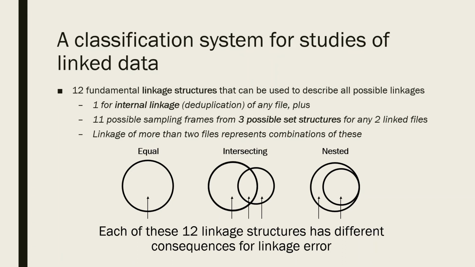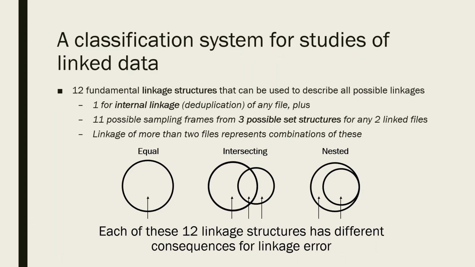And what we worked out is that for any combination of two files, there are 3 different possible set structures and 11 different regions of interest, so sampling frames that different analyses might draw from these 3 set structures. And then there's a 12th linkage structure for any time that one or both files need to be deduplicated or internally linked.